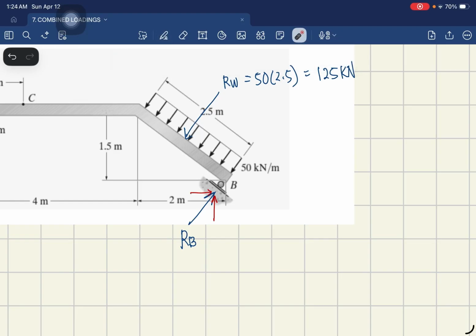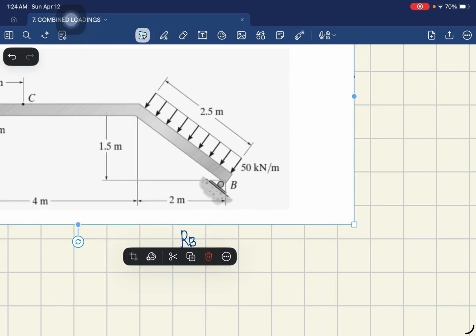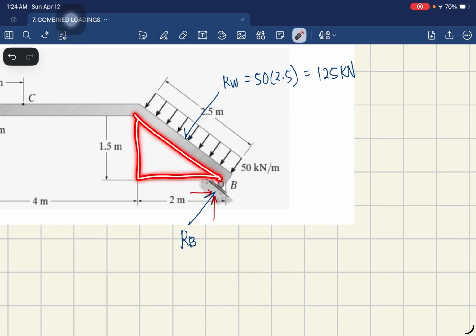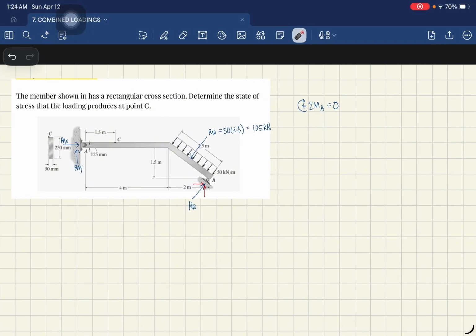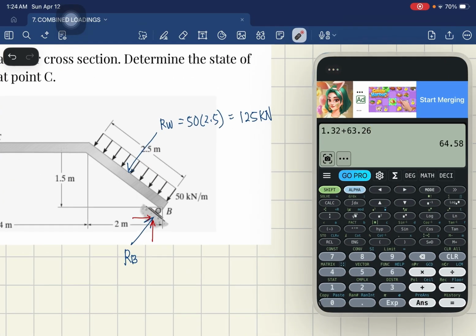So, makukuha natin class yung relationship ng small triangle dito galing sa big triangle. Basically class, this is a 3, 4, 5 na small triangle. Kasi pagka dinivide mo yung 1.5 sa 2, yung ratio niya is equal to 3 is to 4.